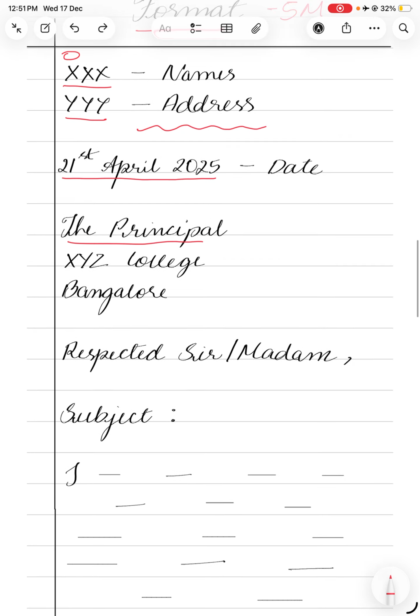They have not specified which exact college, so I can write any college. So I've written XYZ College, Bangalore. All this information is already there. Now, Respected Sir or Madam comma will be retained as it is. Subject onwards you will have to change.